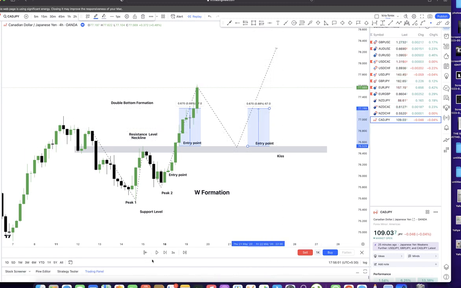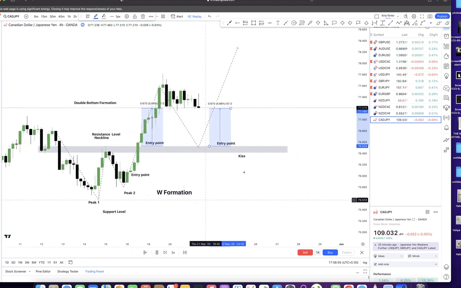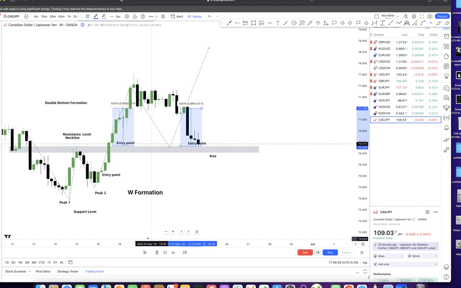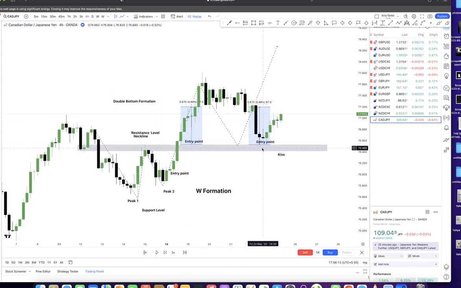Now let's see the reaction of price and see if we are going to get a pullback before our entry. As you can see, price has pulled back nicely here with this rejection reversal candlestick, or even this, then we take our entry from here. Immediately this candle closes, or immediately this one closes, we take our entry.